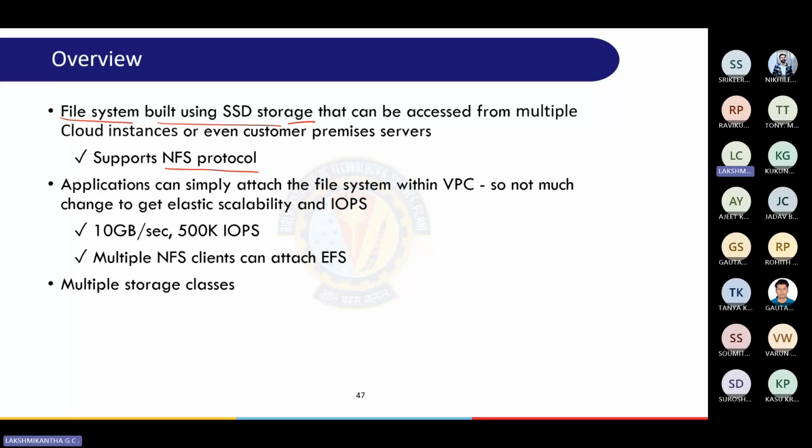And what about elastic scalability? Guys, it gives you elastic scalability in storage capacity and throughput. So it offers high performance up to 10 GB per second and 500K IOPS. Okay.